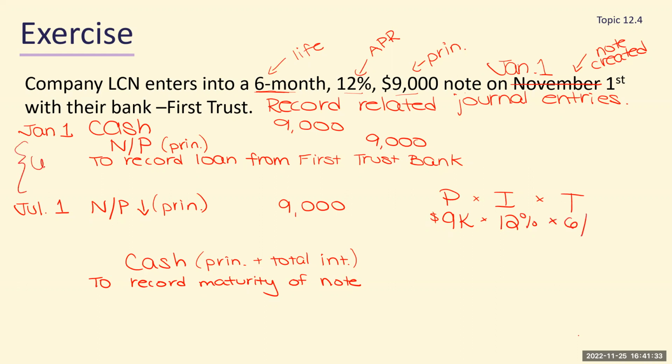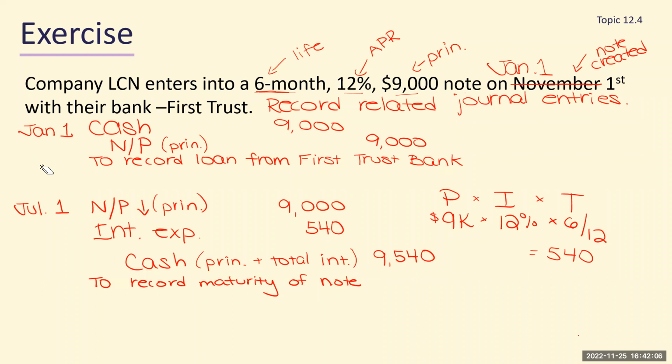Time passed: 6 months over 12, always over 12. That goes to interest expense, 540, and cash is the sum. There you go.